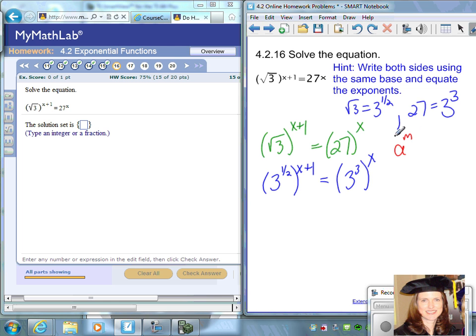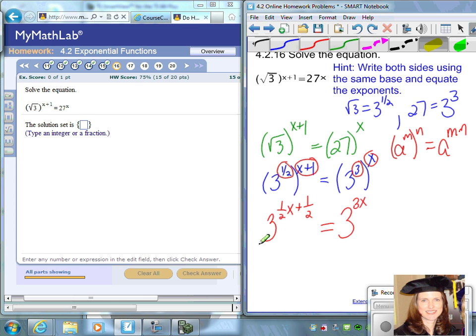A to the m to the nth power is a to the m times n. So let's write this as 3 to the 1/2 times x plus 1. Distribute that 1/2 and you get 1/2 of x plus 1/2 times 1 is a half. On the right side, 3 to the third to the x power. Power to a power, you multiply those powers together to get 3 to the 3x.